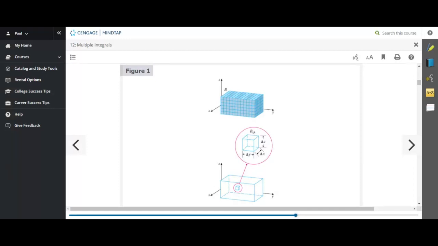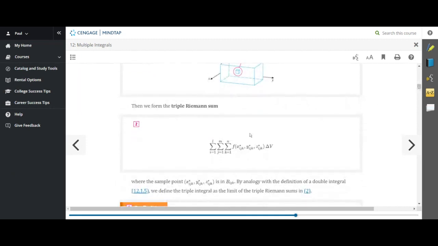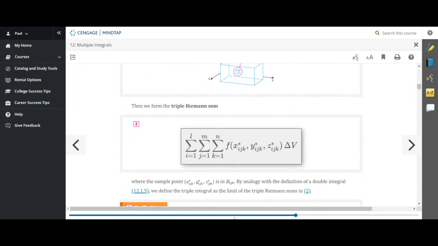So we can talk about a triple integral over the box by saying, all right, we're going to take a function and evaluate it at different points. And at each point, we're going to multiply the function value at the point by the volume of the box. So in other words, this is what I'm talking about, a triple Riemann sum.